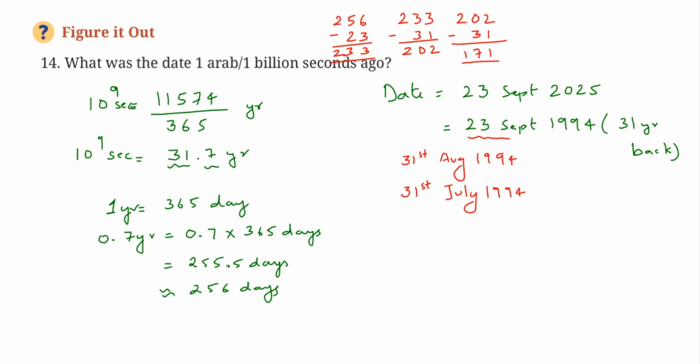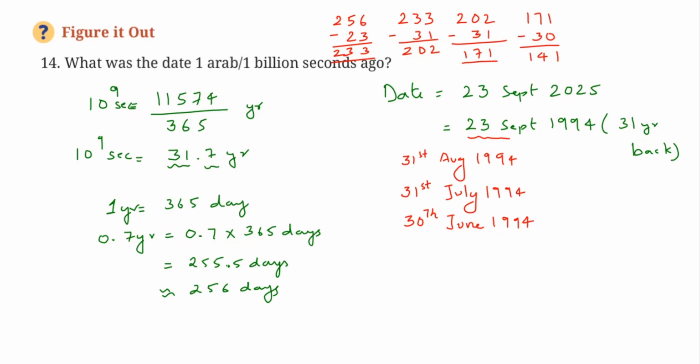When I remove 31 days from July, I get the end of June. In June, there are 30 days. So I'll get 30th June, and the year will be the same, 1994. Now from June, we'll remove 30 days. So 171 minus 30, we get 141. And I'll get the end of May.